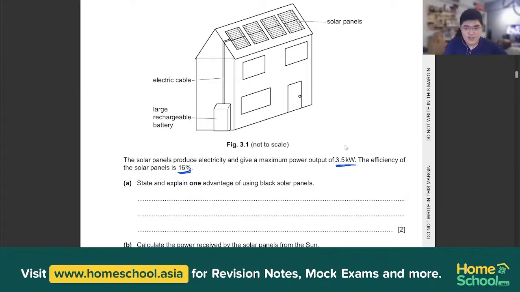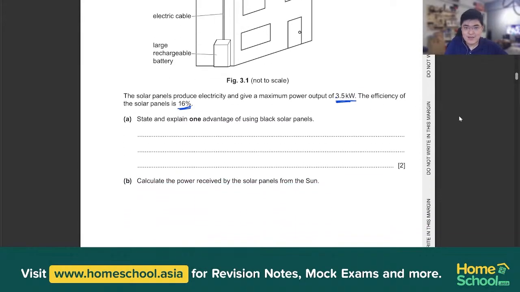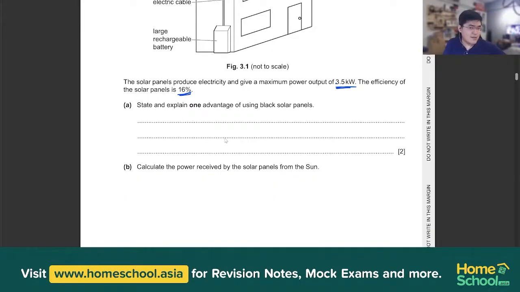But first, 3 part A. All right. So 3 part A wants you to state and explain one advantage of using black solar panels. Right. So why are solar panels black or usually in a very dark color? As we do know, black has this very interesting property where black is a good absorber of radiation, right?